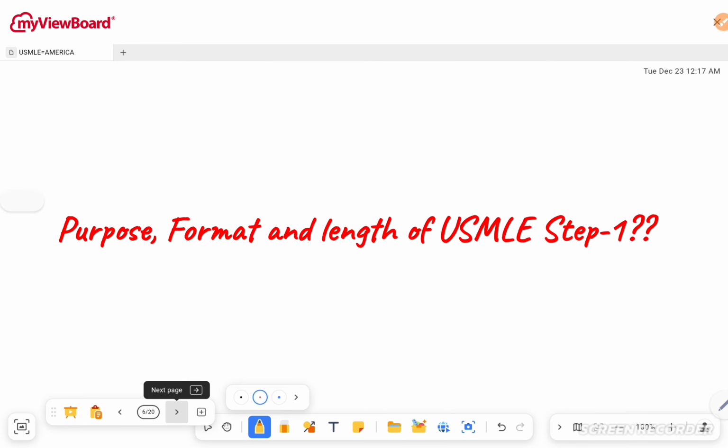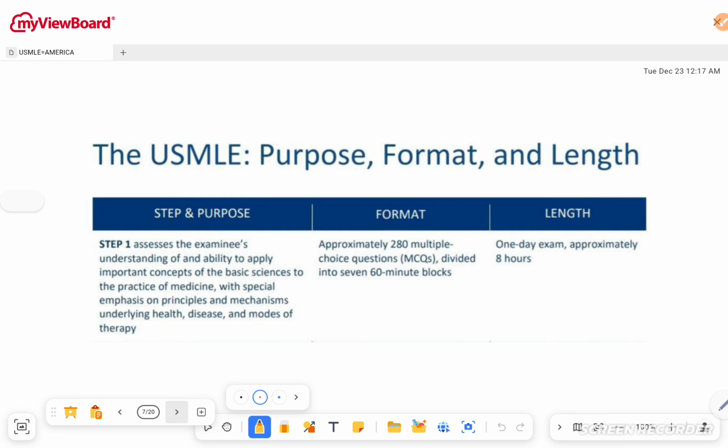So what is the purpose, format and length of the USMLE Step 1 exam? Now we'll discuss it. See, the Step 1 purpose is to assess the examinee's understanding of and ability to apply important concepts of the basic sciences to the practice of medicine, with a special emphasis on principles and mechanisms underlying health, disease, and modes of therapy.